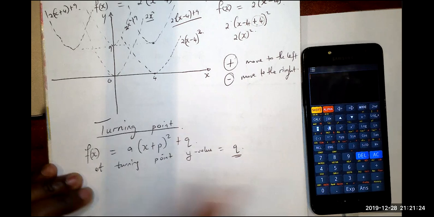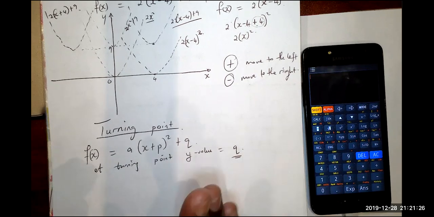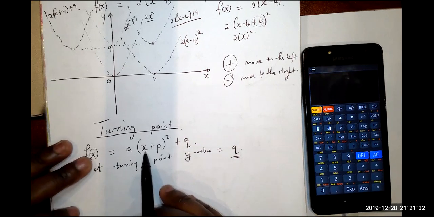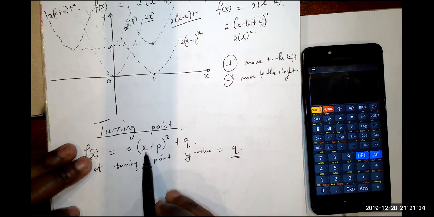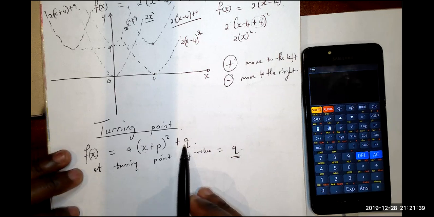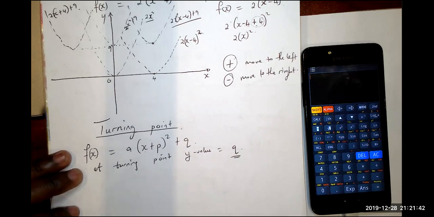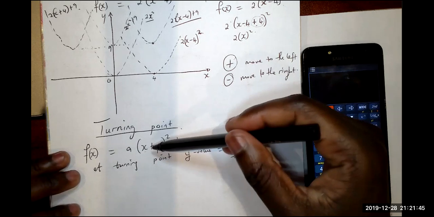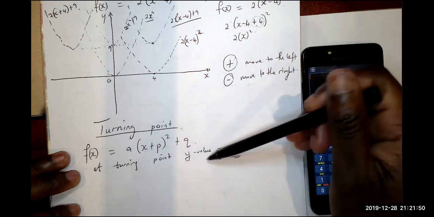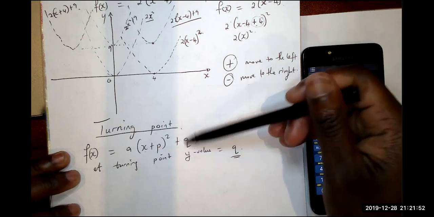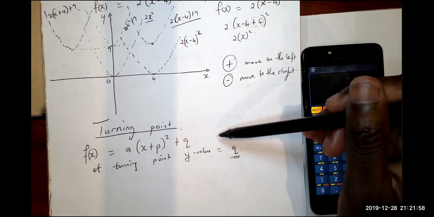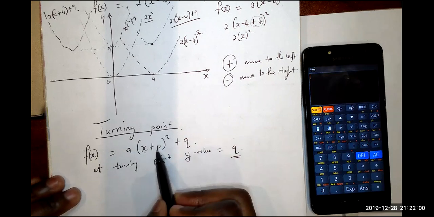Now what are you left with? The x value. We are saying at the turning point the y value is Q, but what about the x value? The x value is negative p.